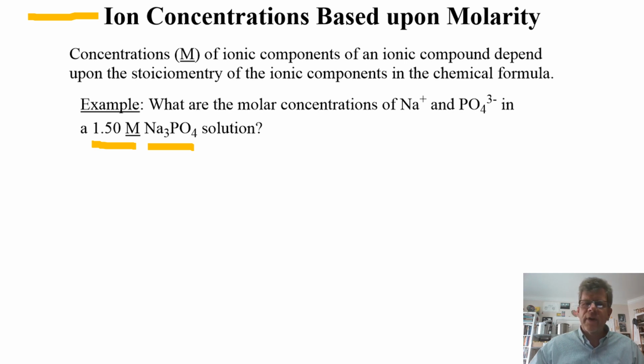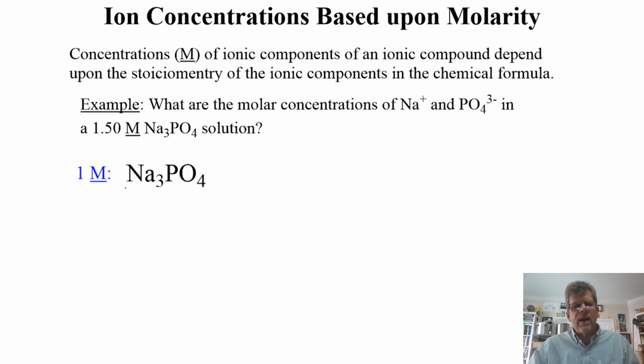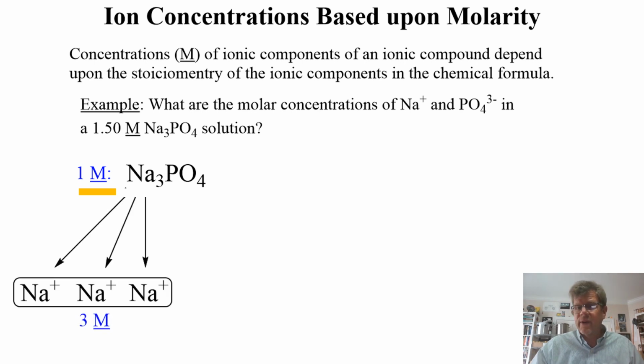So looking for the concentrations of the ions now. Well, let's take a closer look at sodium phosphate. If I have a 1 molar solution of sodium phosphate, let's see what happens when that dissolves into water. How many moles of sodium ions does it release?